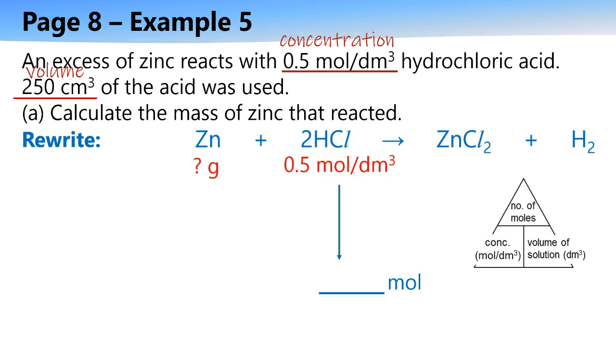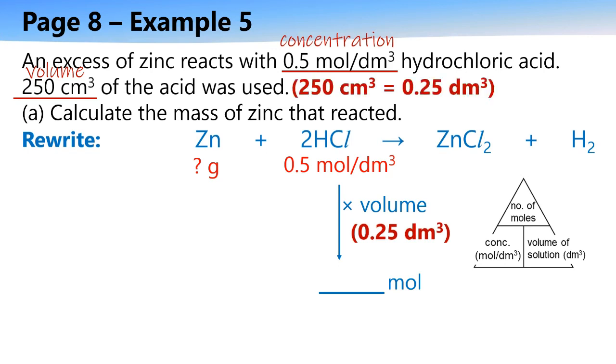It is by multiplying by the volume of the solution, similar to the previous examples, but now it is in a stoichiometry problem. So I need to multiply by the volume, which is 0.25 dm3, because 250 cm3 is 0.25 dm3. I multiply that together and I get 0.125 moles.